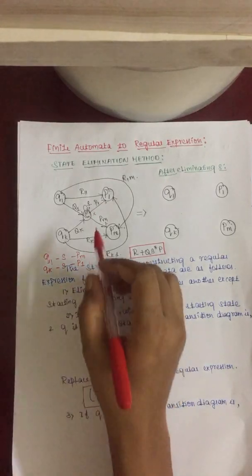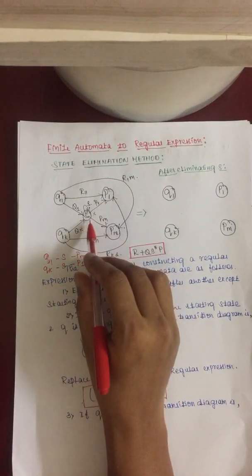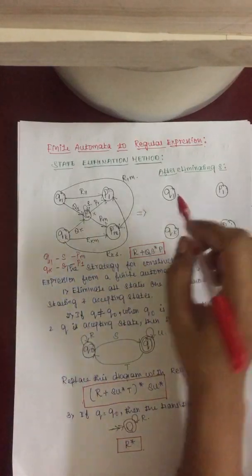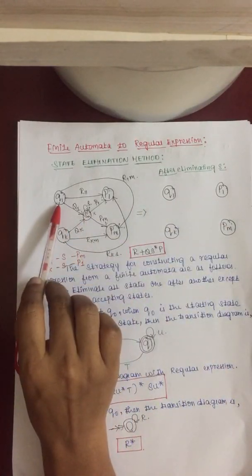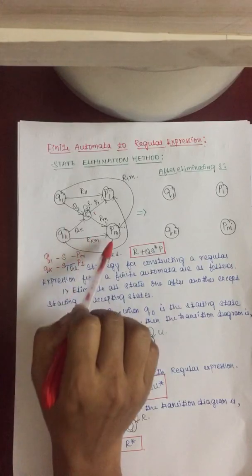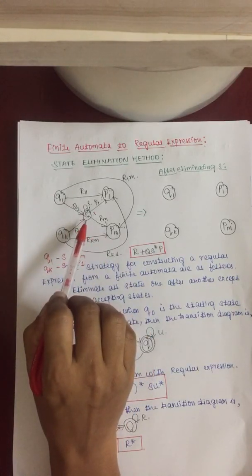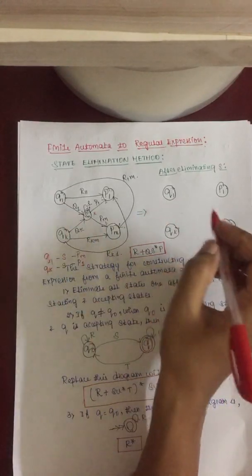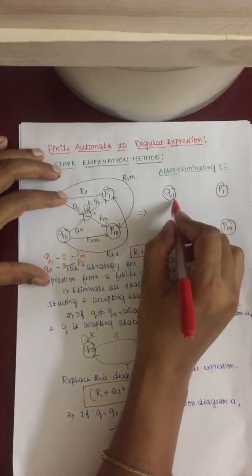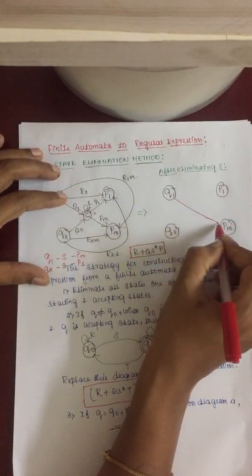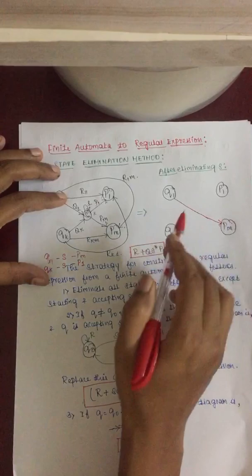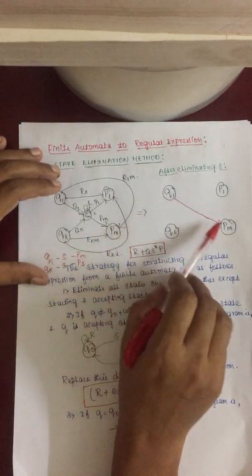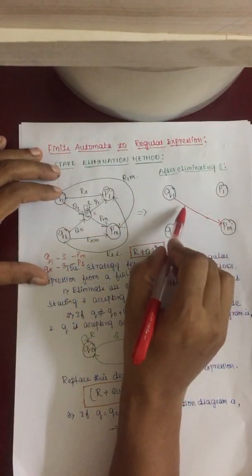After eliminating the state, we need to travel from the state Q1 to the state PM without the state S. So now we can directly connect these two states. After connecting these two states, we need to write the expression.